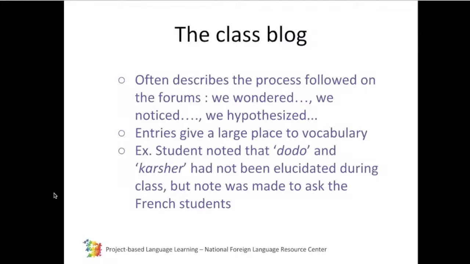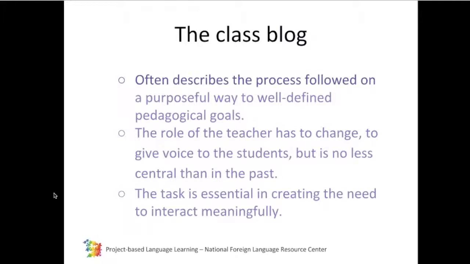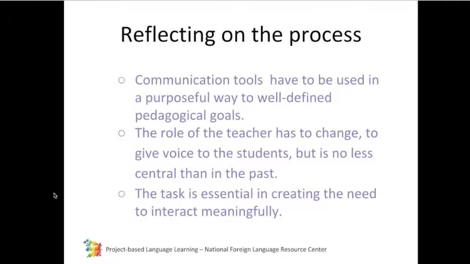So I think this is a perfect illustration, with this last example, of how language and culture meet and how communication with the others seems a very good way to enter into the culture. So I will conclude by reflecting on the process. The first thing, that communication tools have to be used in a purposeful way to well-defined pedagogical goals. The role of the teacher has to change to give voice to the students, but is no less central than in the past.